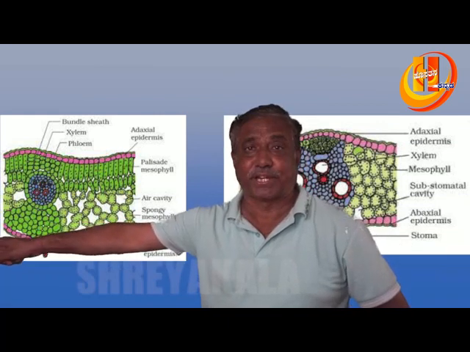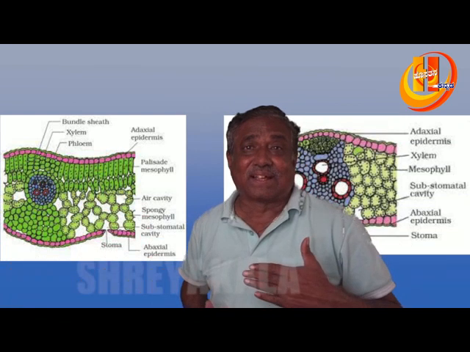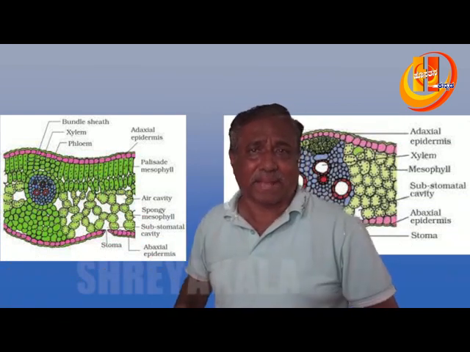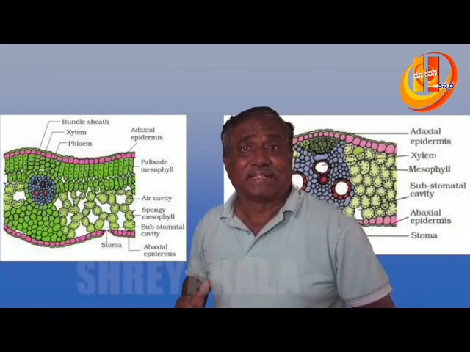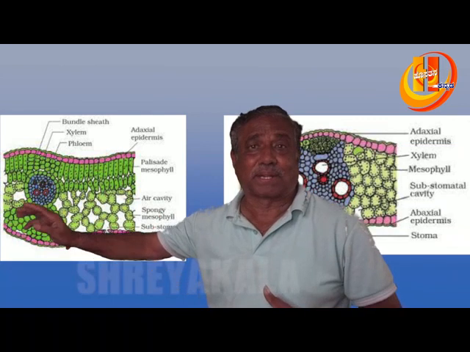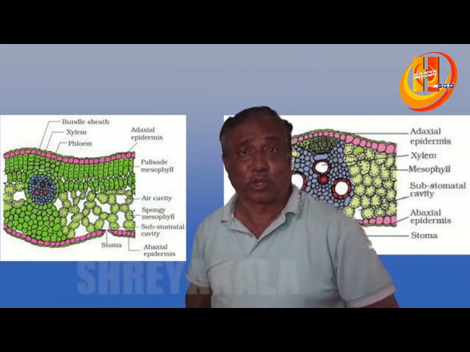Mesophyll is differentiated into palisade parenchyma and spongy parenchyma. Here mesophyll is undifferentiated, composed of only spongy parenchyma. And the vascular bundles are conjoined, closed, but phloem is present towards the lower epidermis. Here also conjoined, closed, and phloem is present towards the lower epidermis.